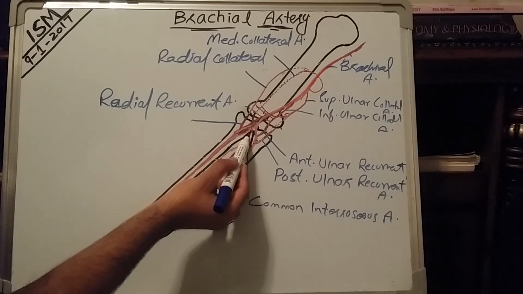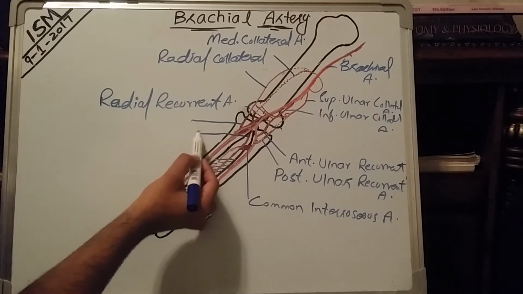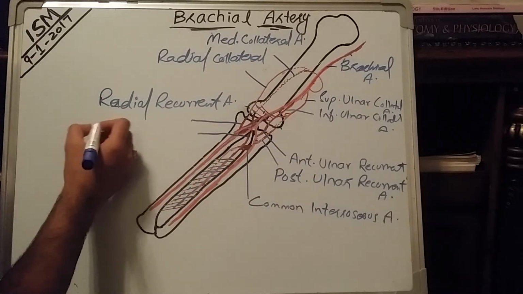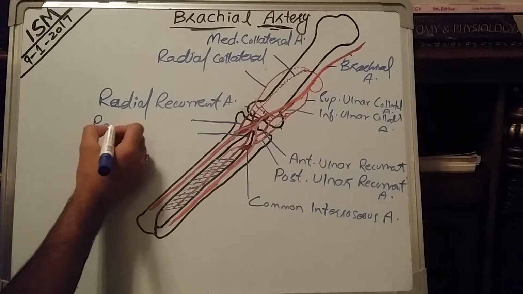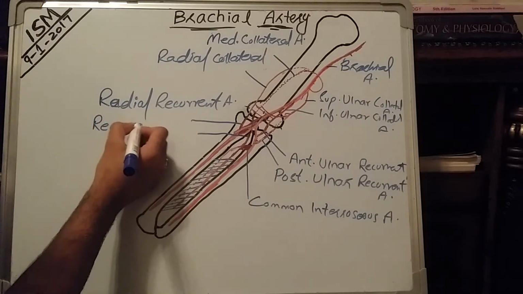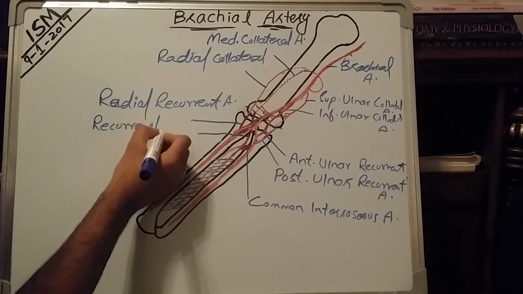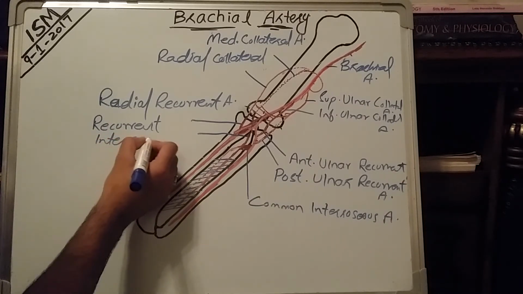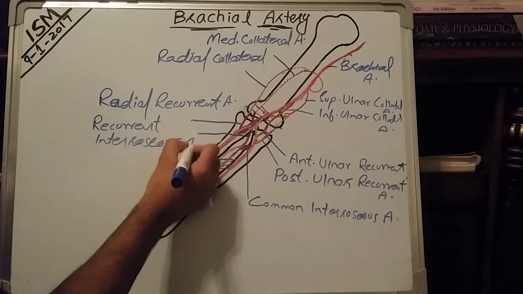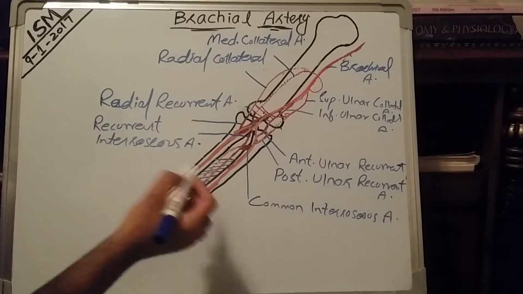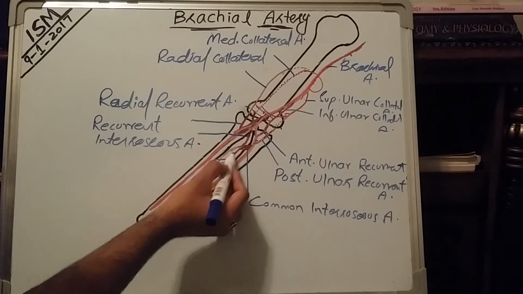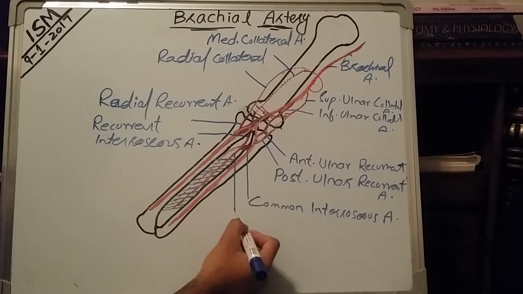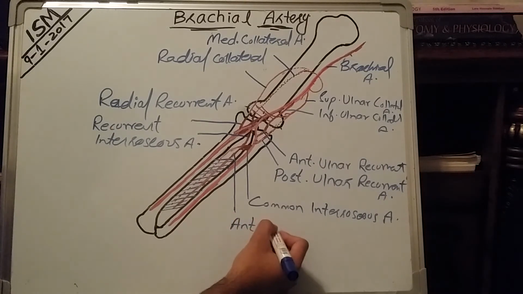And this one, which moves upward and forms an anastomosis with the medial collateral artery, is the recurrent interosseous artery. And this one is the anterior interosseous artery.